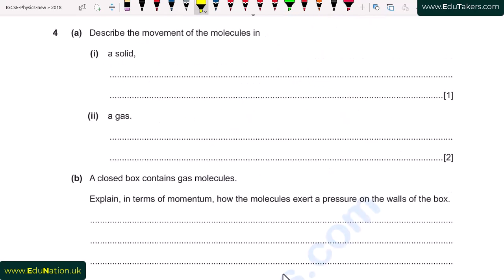Question number 4, part A. Describe the movement of molecules in part 1 solid and part 2 gases. So first of all, I consider solid and gas here. It's a solid and here is a gas.